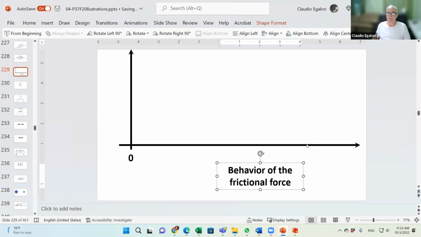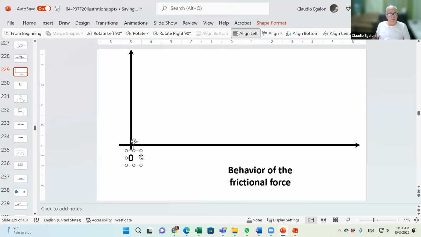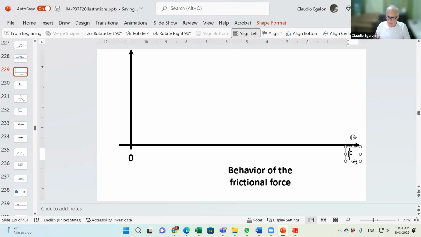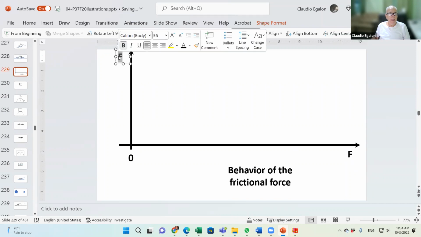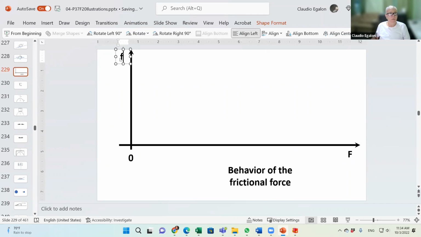So here you go. I'm going to apply a force to an object. And I'm going to observe an object initially at rest. And I'm going to measure the force of friction, lowercase f.